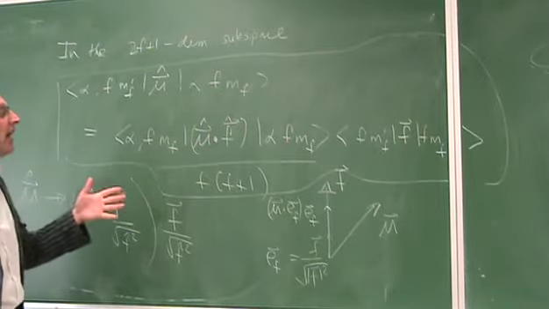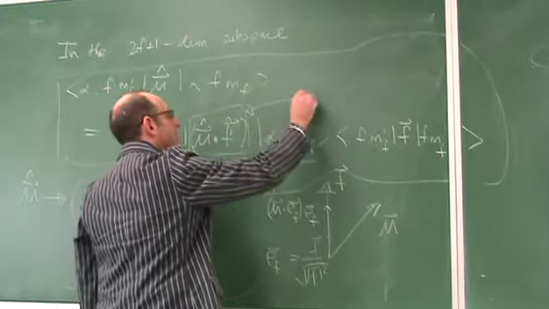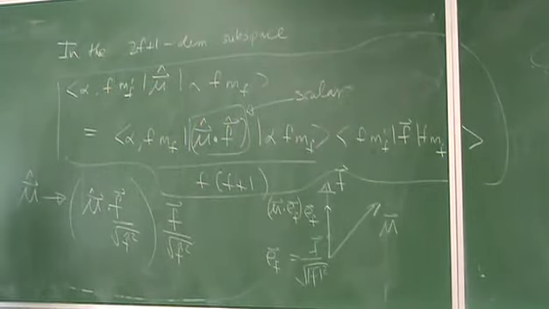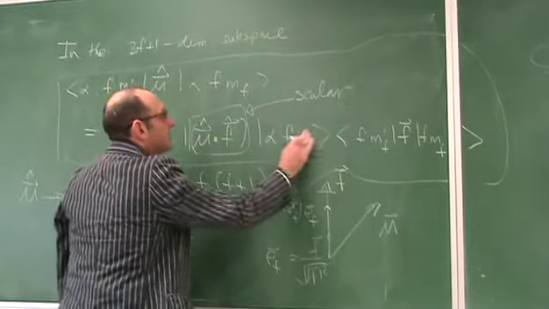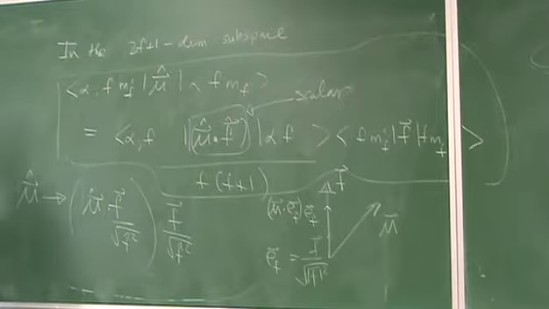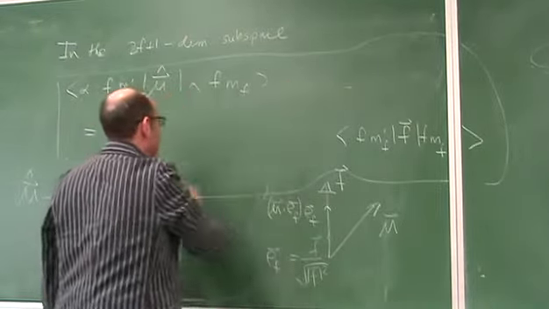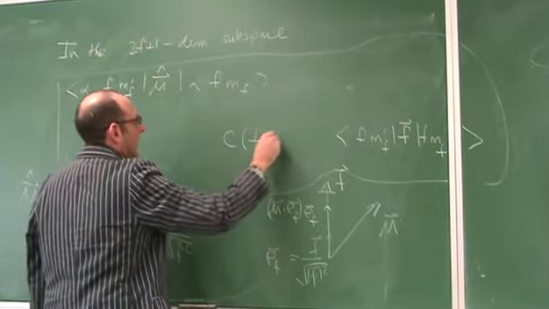Well, notice that this is a scalar with respect to rotations generated by F, which means that this is irrelevant. It doesn't matter what F it is. All that's left over here is some constant that depends on F and alpha.